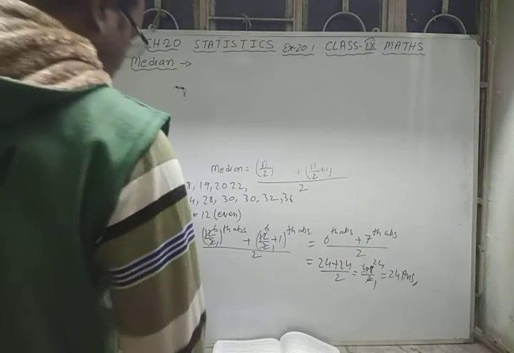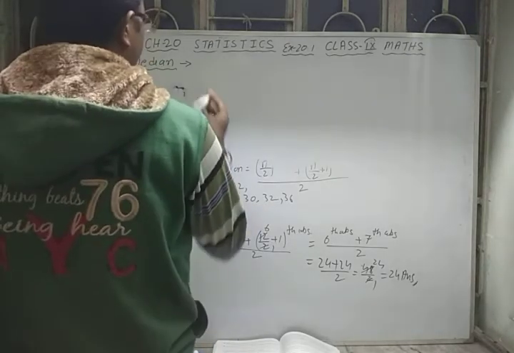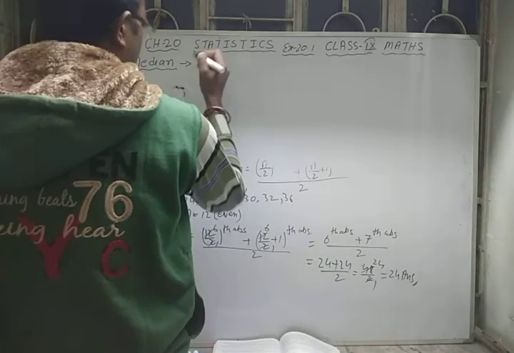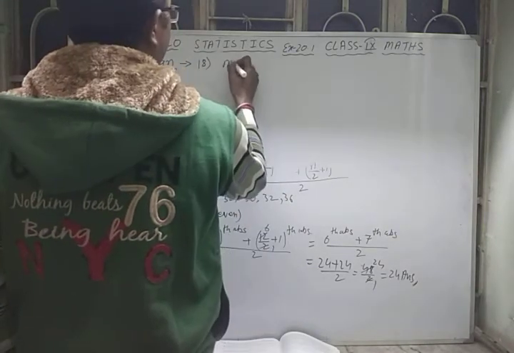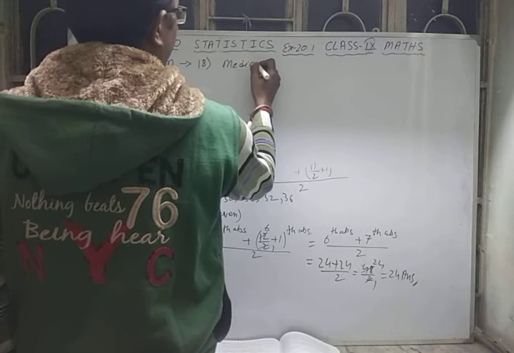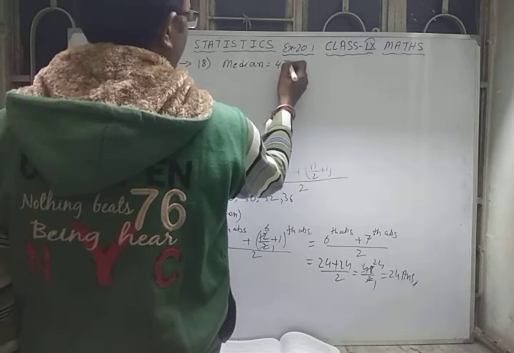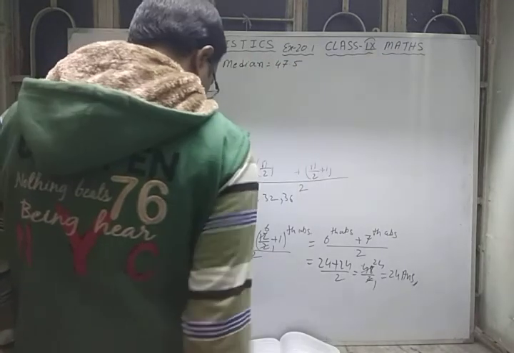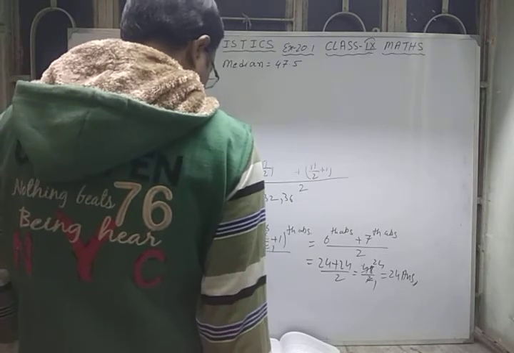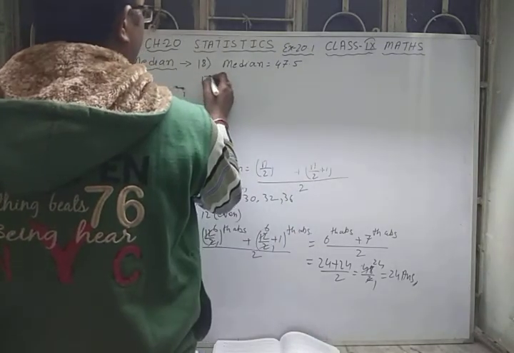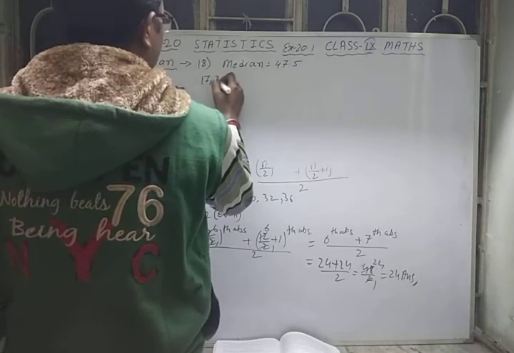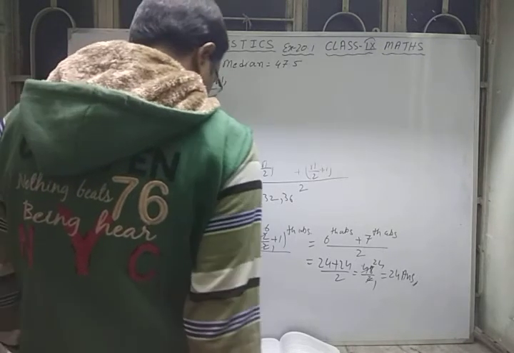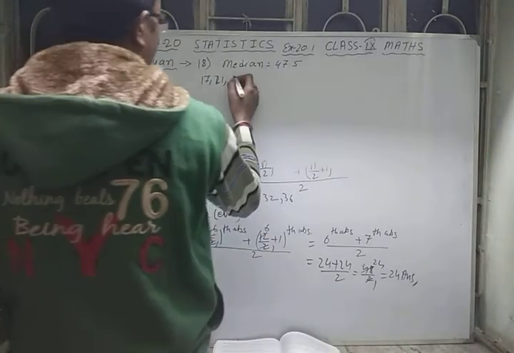Now to question number 18. You see, question number 18. First of all, here median is given: 47.5, and the data is also given. You will write the data also: 17, 21, 23, 29, 39.